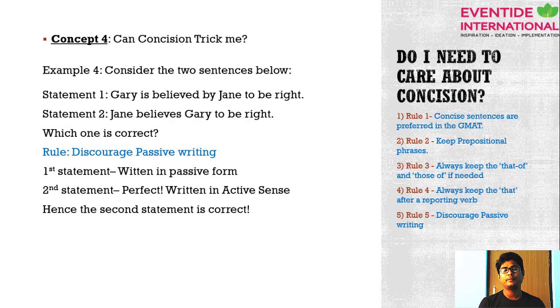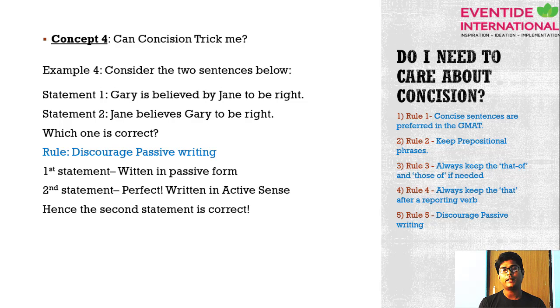To summarize all, the first rule that we learned is that concise sentences are preferred on the GMAT. The second rule that we learned is you always need to keep the prepositional phrase.